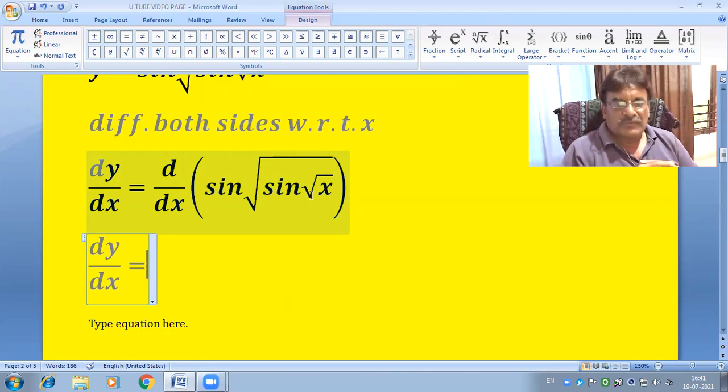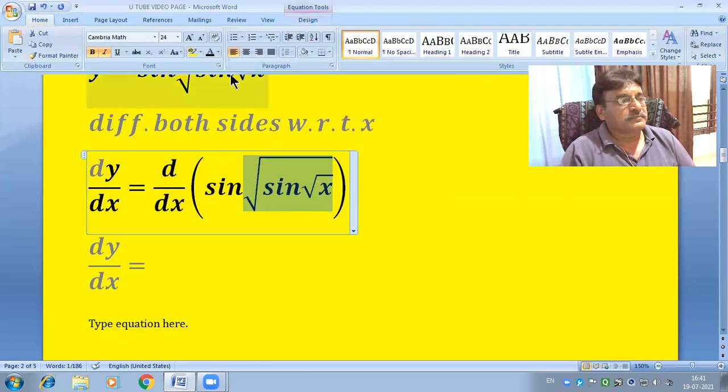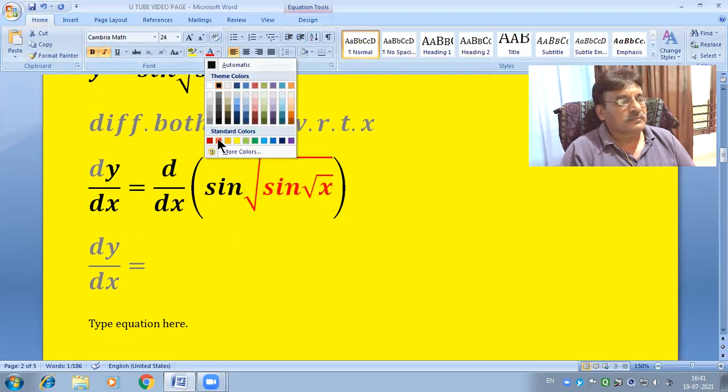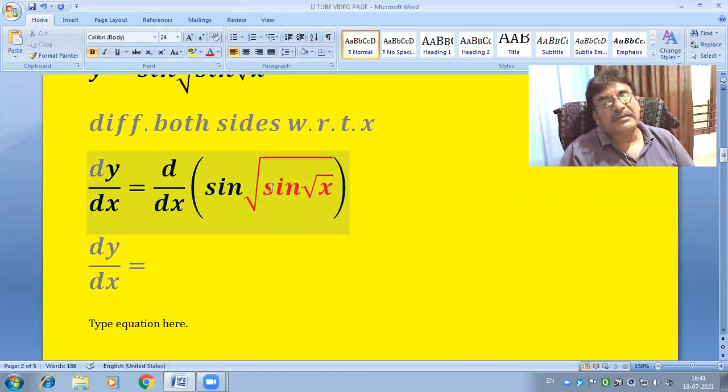Here we use the formula d/dx of sin f(x) = cos f(x) into f'(x). And here f(x) is replaced by this red color function, f(x) = √(sin √x).